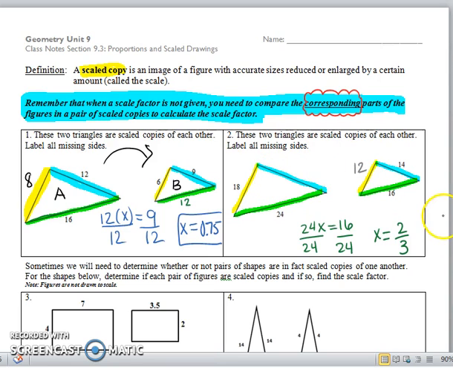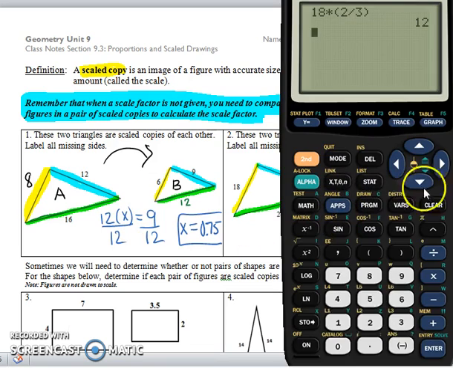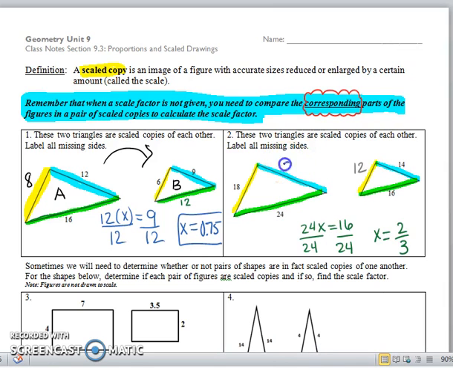And then the blue part, now you have to think, well, what number times 2/3 gives me 14? So you have to kind of think backwards here. So you could do 14 in this case divided by 2/3. And that gives you 21.